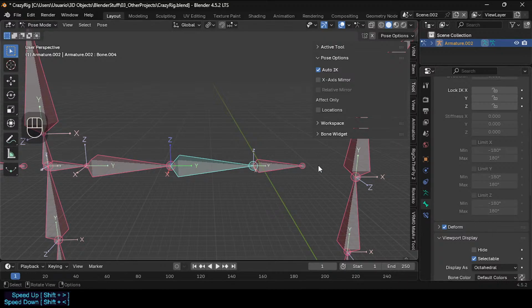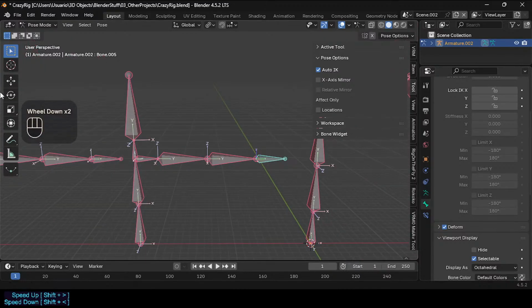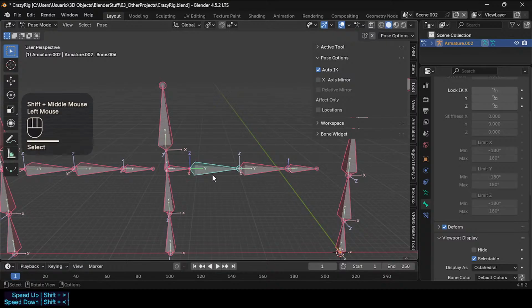I'm not sure, but let's say that I never want this bone to be pinned from the Auto IK and the Auto IK length, right? So we just leave it disabled, and then it will never be pinned, even though I'm adjusting here, as long as this is disabled.